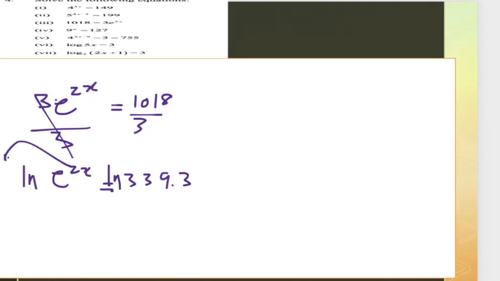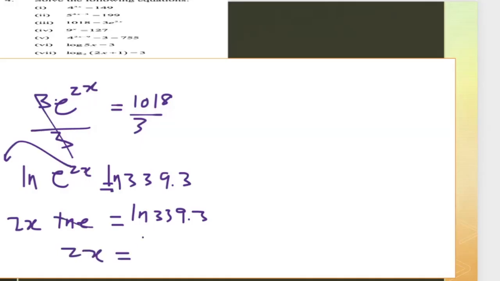Then I carry this in front, so I have 2x ln e equals ln 339.3. ln e is 1, so I have 2x equals ln 339.3, and then divide both sides by 2.